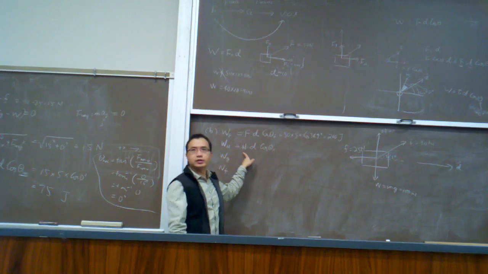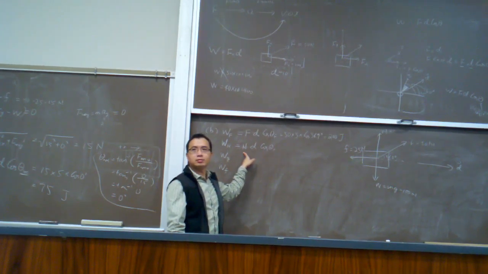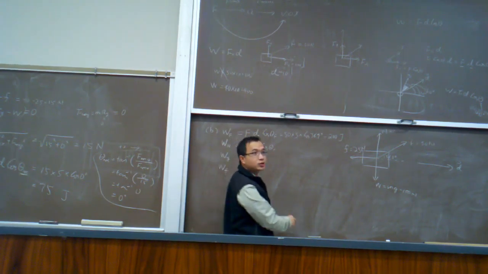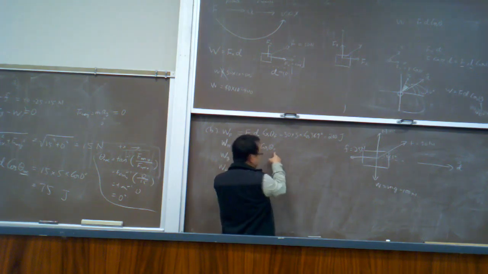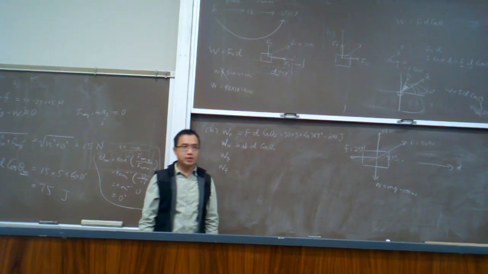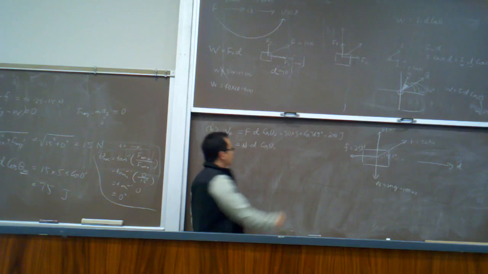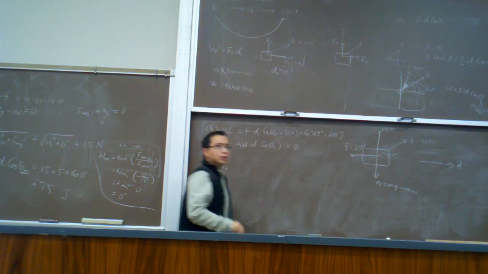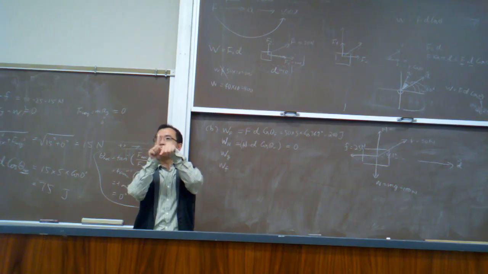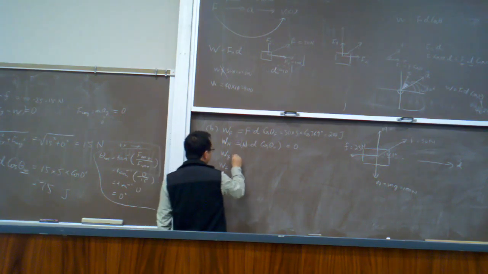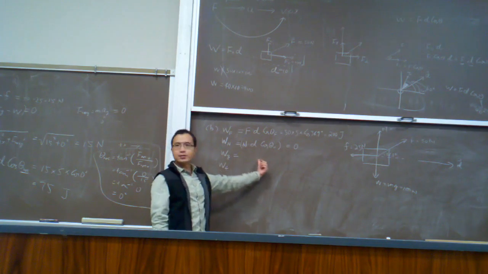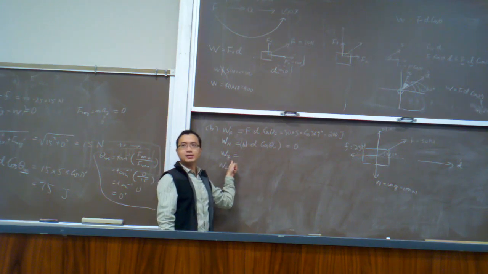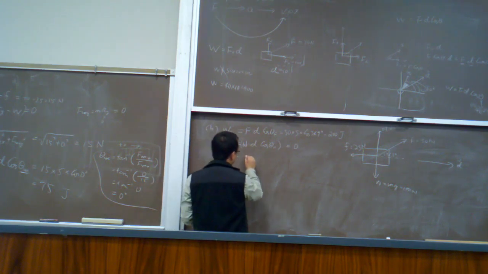Then how can we calculate it? It has to be 0, right? Because cosine 90 degrees always is 0. So you don't even have to write this down. You should be able to know it's 0, because the force is perpendicular to the motion.